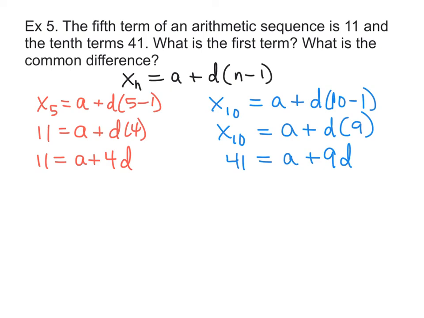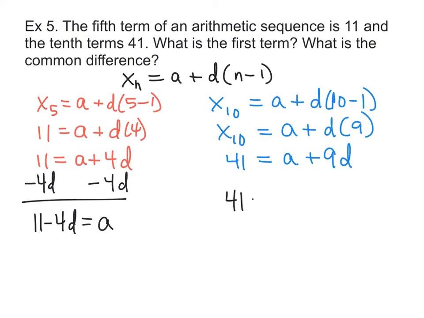Okay, so I'm going to take this one on the left here, and I'm going to solve it for a. When I do that, I just need to subtract 4d from both sides, and I get 11 minus 4d is equal to a. Well, I'm going to plug that into this other formula, and I get 41 is equal to 11 minus 4d plus 9d.